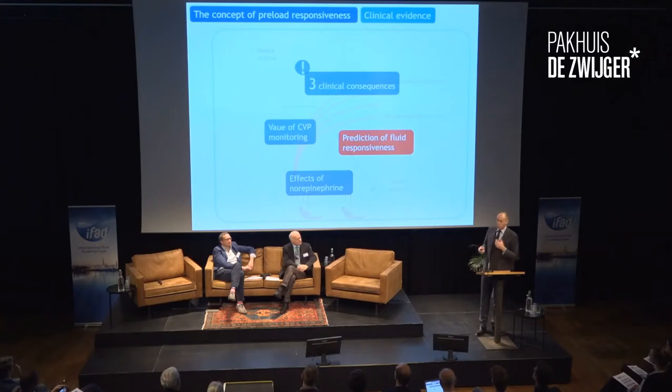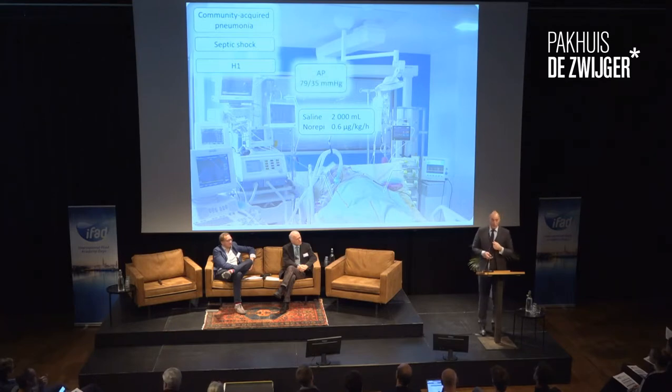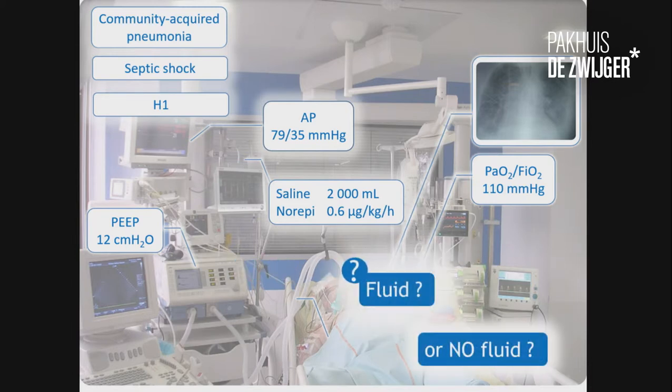The second consequence is likely, of course, for the prediction of fluid responsiveness, because if we know all the risks of fluid administration, it's logical that we want to predict fluid responsiveness at the bedside. In this patient, especially in case of ARDS with a low PF ratio, with a high PEEP and such a chest X-ray, should I give fluid or not?